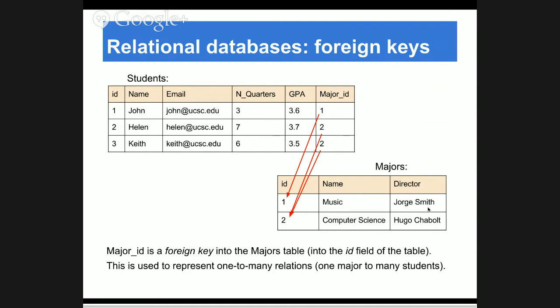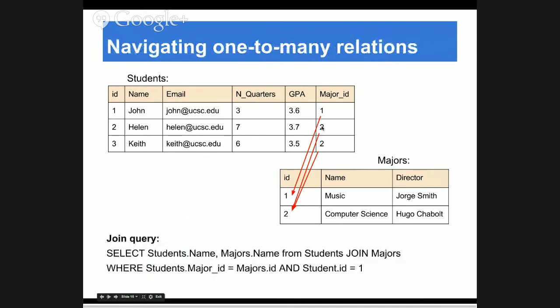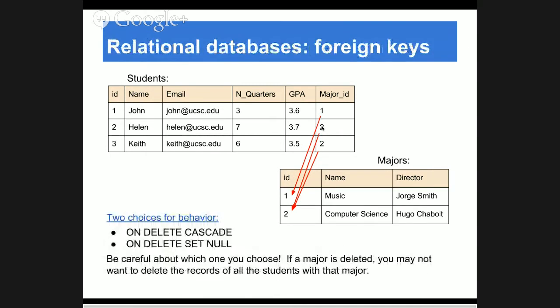So there is no replicated information. You see, in this table, if the director of computer science changes from Hugo to Helen, I would have to change exactly only one place, and everything would be fine after that. And if a student changes major, I would only have to change this particular piece of data.